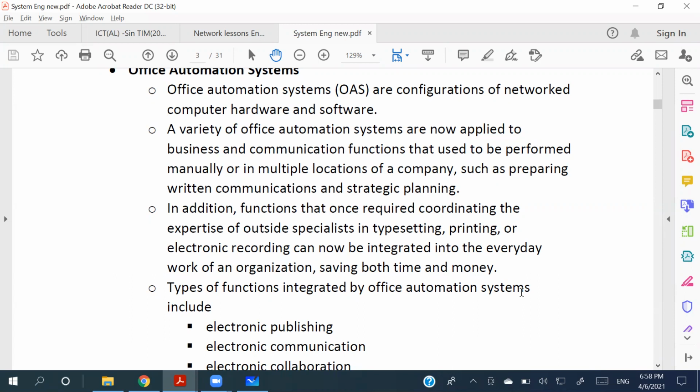If it is not networked, then it is not automated, right? And when it comes to typesetting and image processing kind of things, these systems will help you to do the task in a quicker manner, right? Which will save time for you, right?